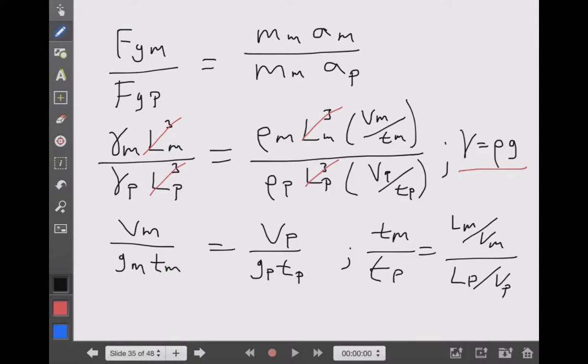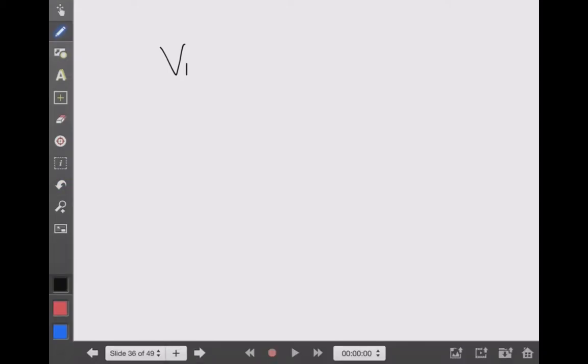We can use this fact to plug in for the times, and what we get out of this is that Vm squared over Gm Lm is going to be equal to Vp squared over Gp Lp.